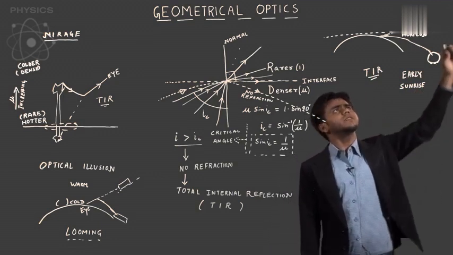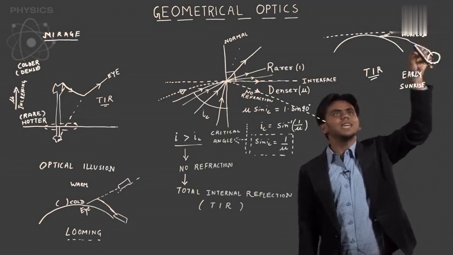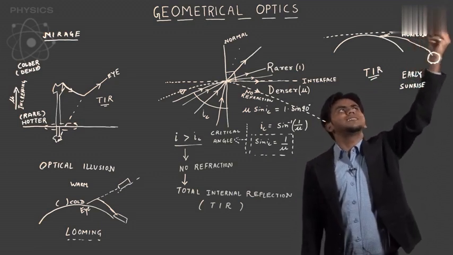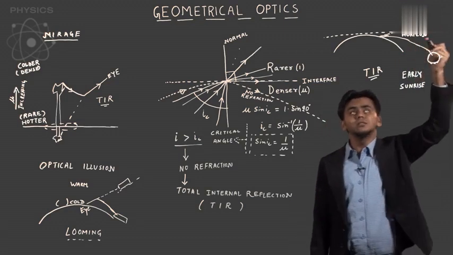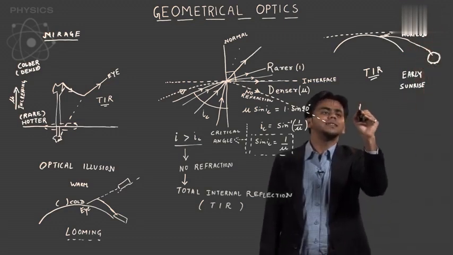Why? Even if the sun has gone below the horizon, the same thing would happen. You would feel that the sun is still there above the horizon. So the same diagram can be thought of for delayed sunset too.